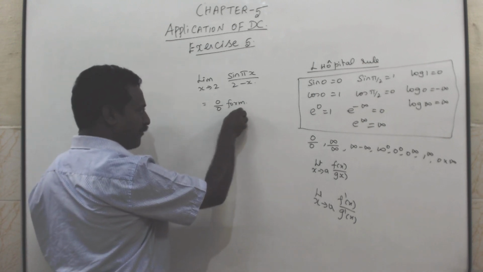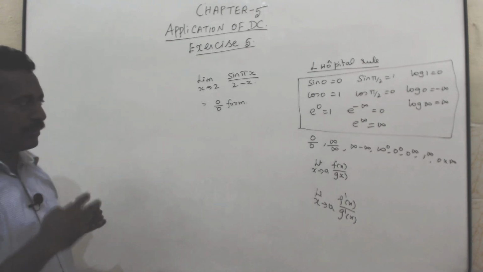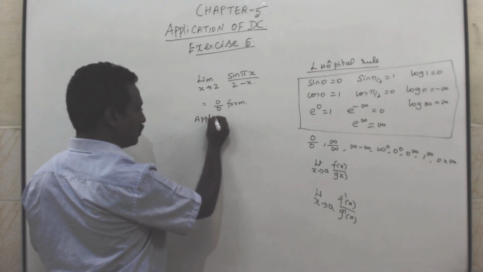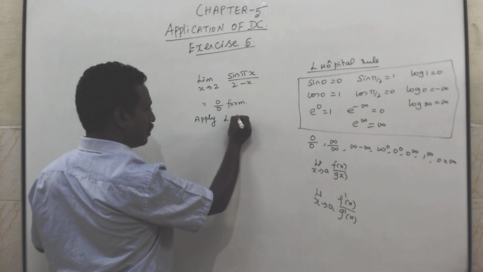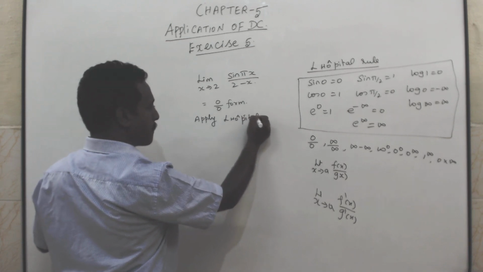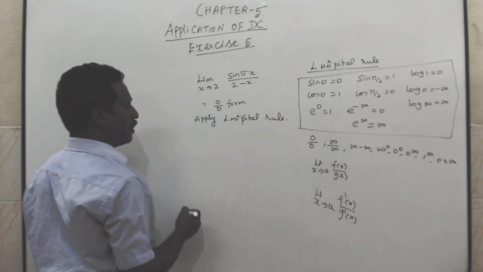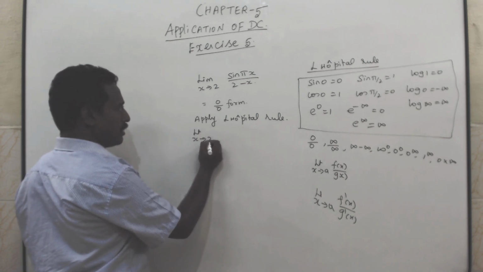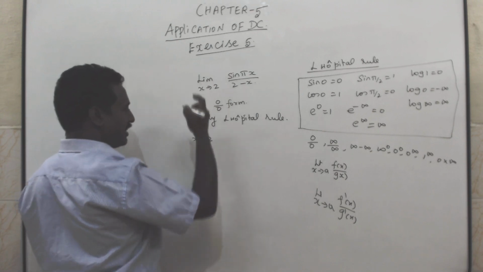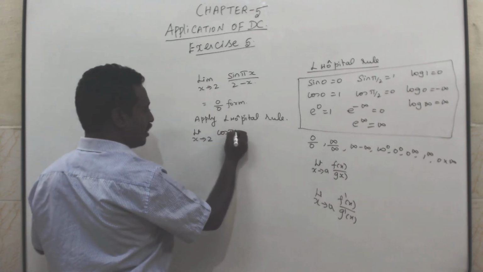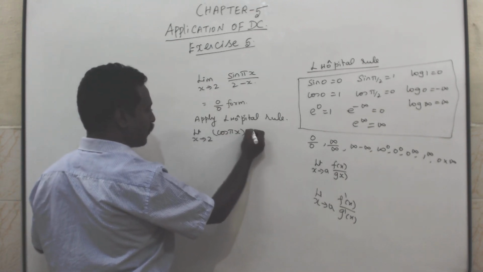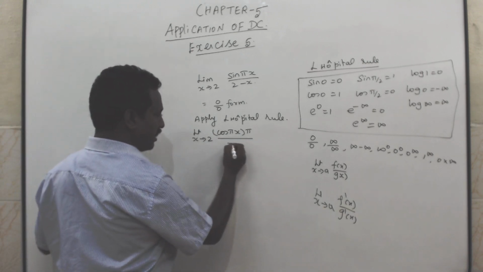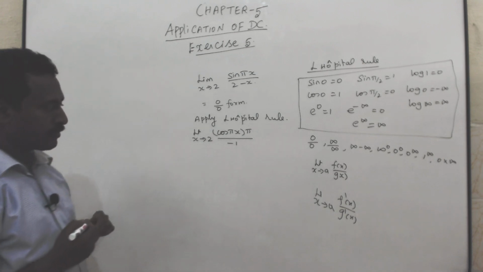If you write the form, it is understood that it is the indeterminate form. Now apply L'Hospital rule. Limit x tends to 2, differentiate the numerator separately: cos pi x, the differentiation of pi x is pi; for the denominator 2 minus x, the differentiation is minus 1.